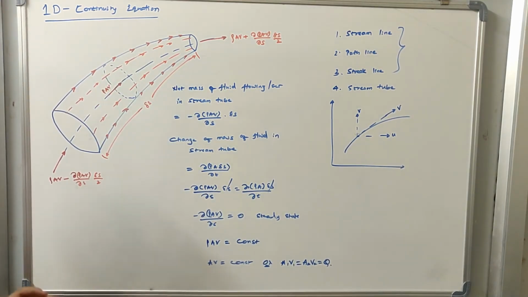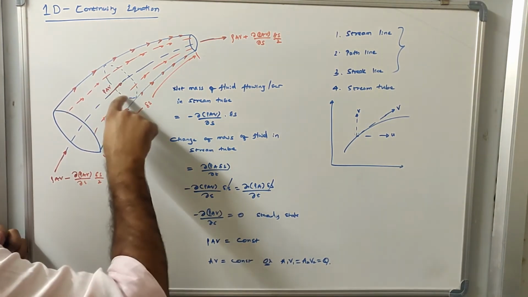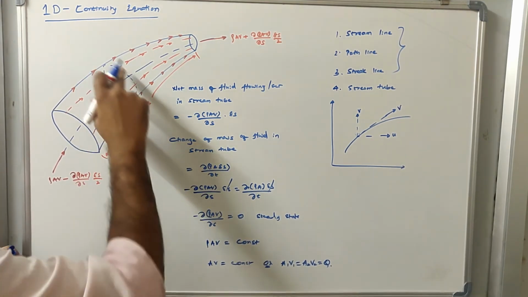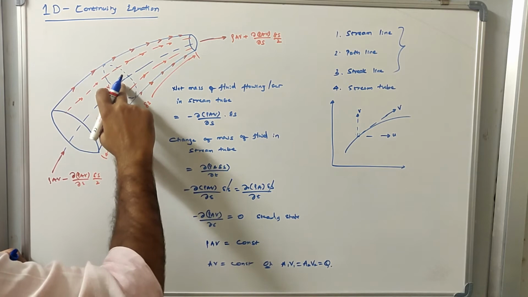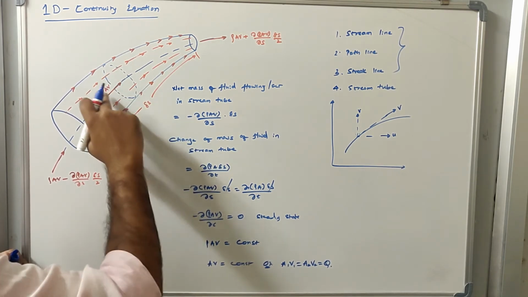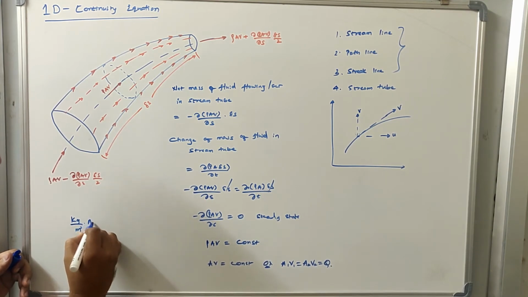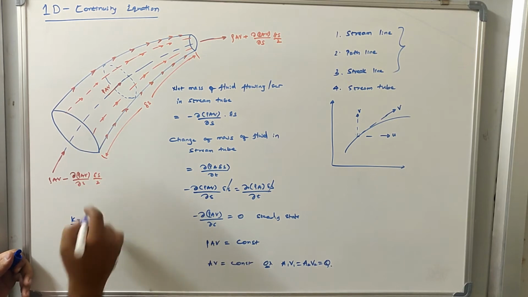So let us first calculate how much is the mass of fluid that is flowing per second at the mid of the stream tube. Let me consider that the area over here is A, the velocity here is V, and rho is the density. Rho is represented by kg per meter cube, area into velocity.